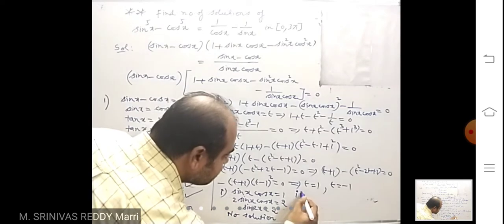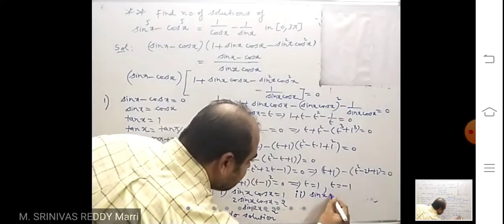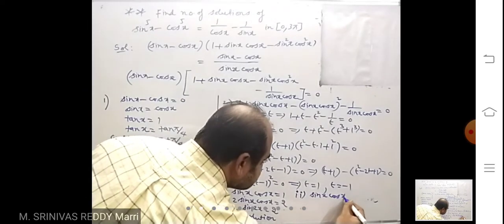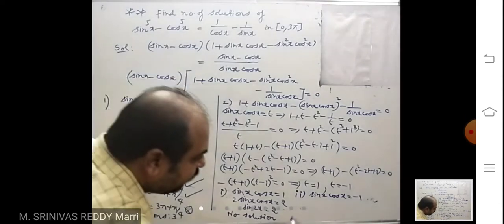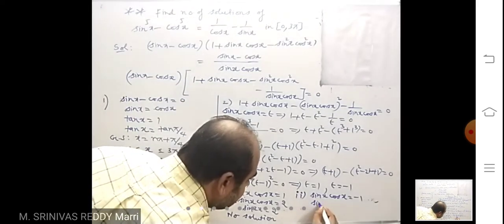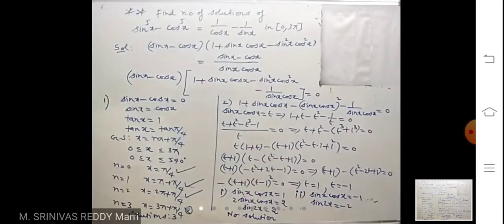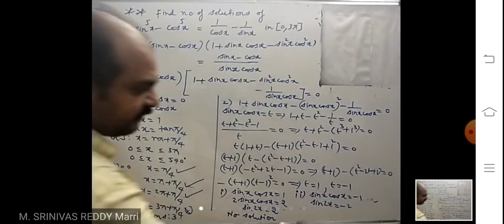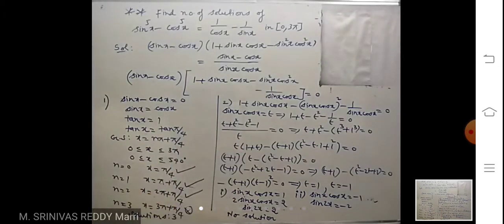Second case, sin x into cos x equal to minus 1. If you multiply with 2 on both sides, what will you get? Sin 2x equal to minus 2. Again you are getting sin as minus 2, but the minimum value is minus 1.